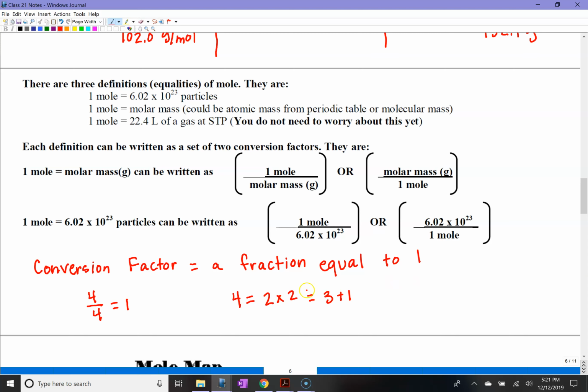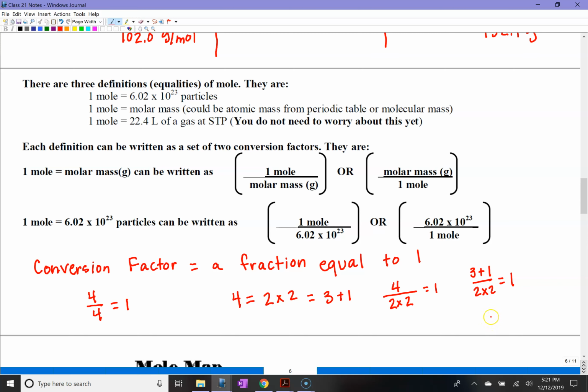I can use these in any combination to make a conversion factor and to convert from one quantity to another. So I can say 4 over 2 times 2, and that's going to equal 1. Or I can say 3 plus 1 over 2 times 2, which also equals 1.